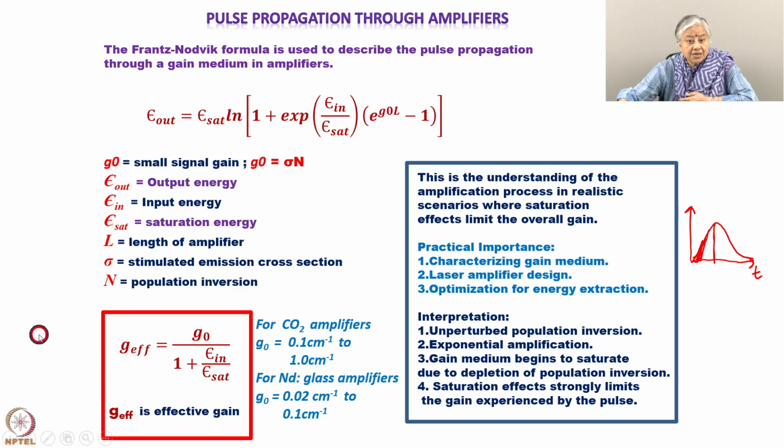Franz and Nordvik define this G effective, and also that energy output in a realistic system. The idealistic system is where the gain just does not deplete at all. It remains as it is for the full length of the pulse. Whatever this part sees, this part is also seeing the same, and this is also seeing the same thing.